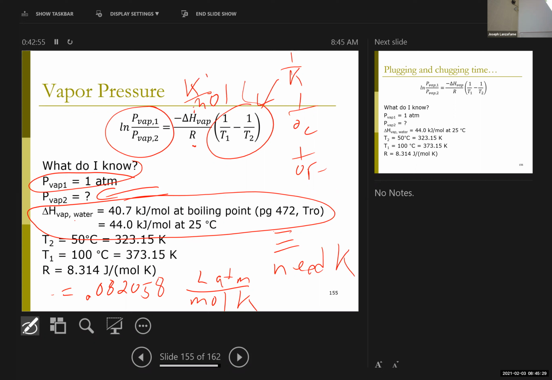And they also will almost always quote the delta H of vaporization at standard temperature, which is 25 degrees C. In some sense, that's the difference between evaporation and boiling. But they almost always quote both. In the context of Clausius-Clapeyron, the standard temperature delta H is most frequently used.